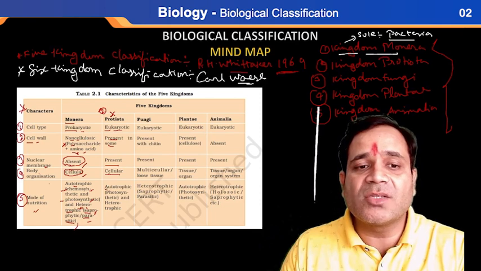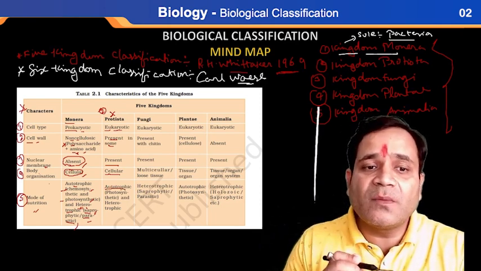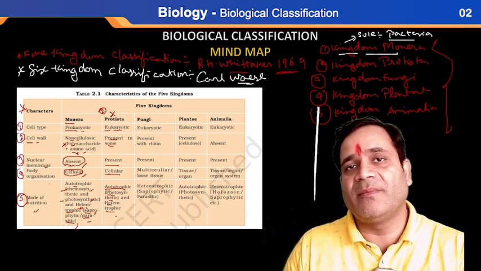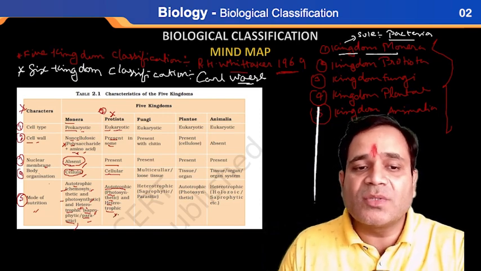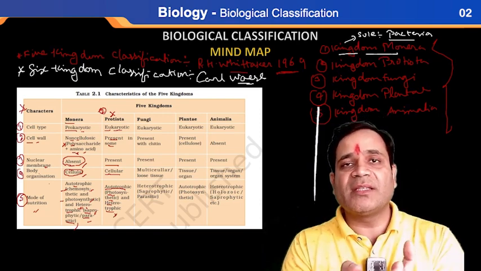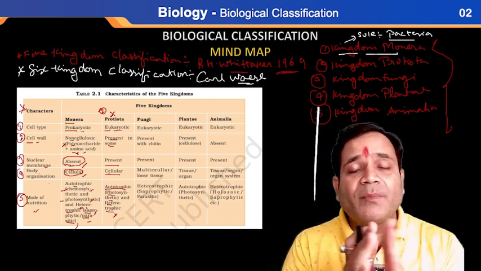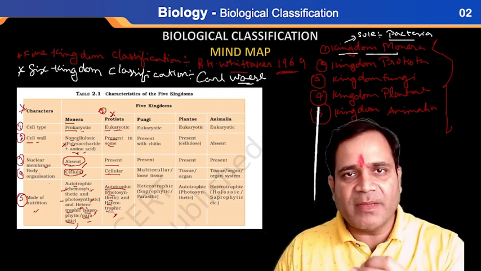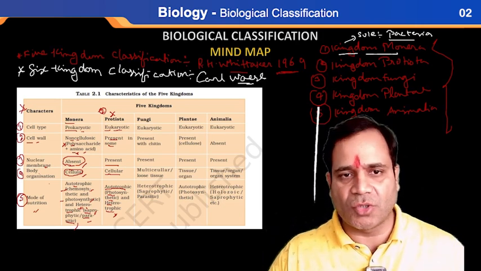That is autotrophic and heterotrophic. Autotrophic means photosynthetic: the organisms make their own food with the help of sunlight, right? And heterotrophic means the organisms which cannot make their own food, they directly or indirectly depend on autotrophs, right?